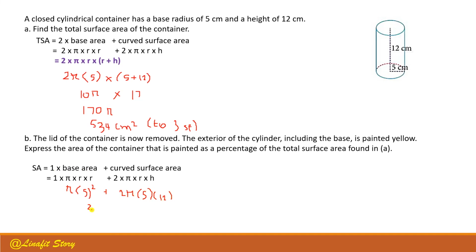So 25 pi plus 120 pi is equal to 145 pi square cm.